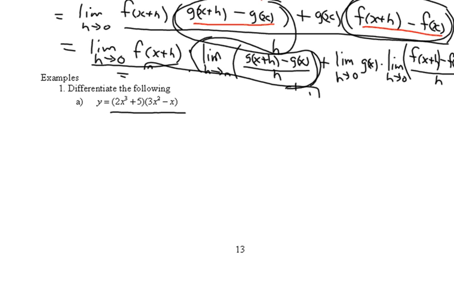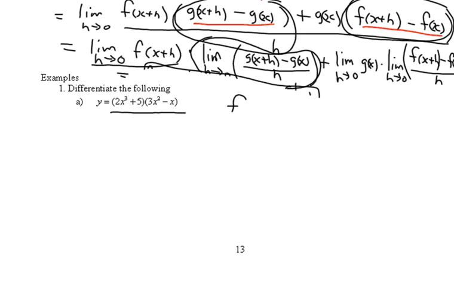Yes, and that's what I was going to point out, is that this one can be multiplied out, and then you can do it with sum and difference, right? But there are some coming up where you won't be able to multiply them out, not on this lesson, but in future lessons. And so we are going to use the product rule on this one. I'm still losing some of you.